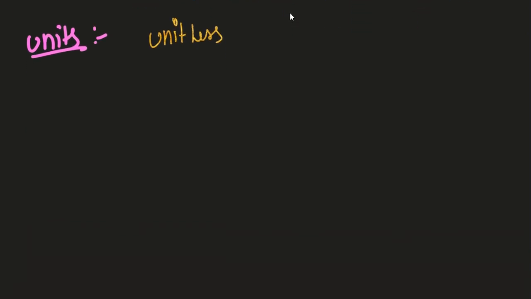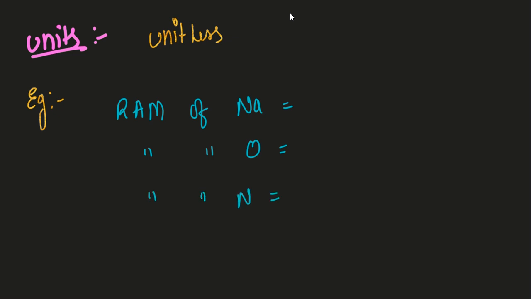Let us take a few examples here. Suppose I write relative atomic mass of sodium, relative atomic mass of oxygen, relative atomic mass of nitrogen. So relative atomic mass of sodium is 23, or should I call it 23 grams?